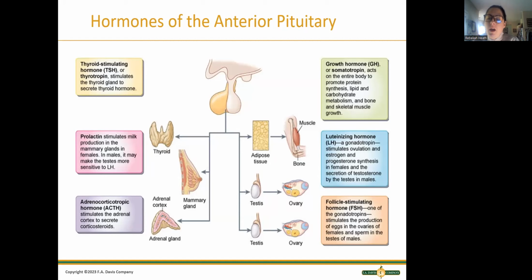So LH, we talked about that when we were talking about prolactin. That stimulates ovulation and estrogen for women, and in men, it stimulates secretion of testosterone. Then there are follicle stimulating hormones. That one helps stimulate production of eggs in females and sperm in the testes in men.